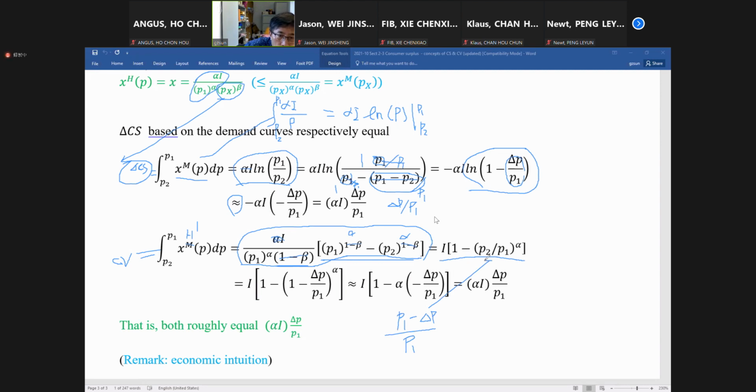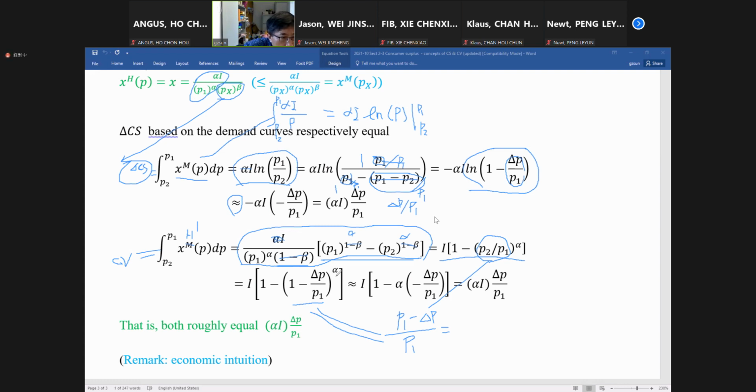You just reformulate this term in this form. So this is 1, sorry, this is 1 minus this one.